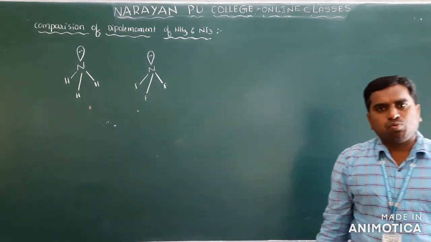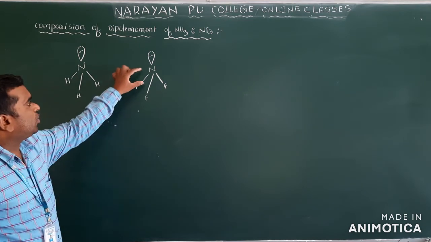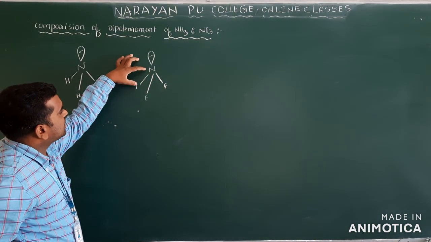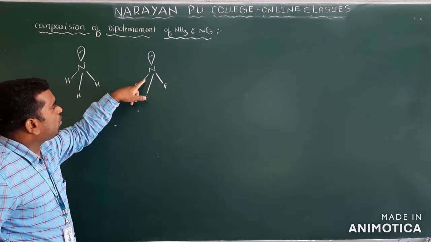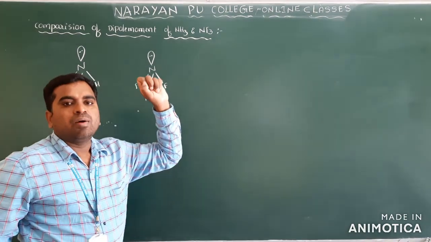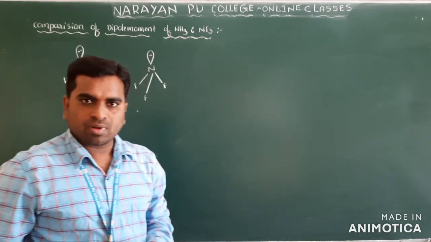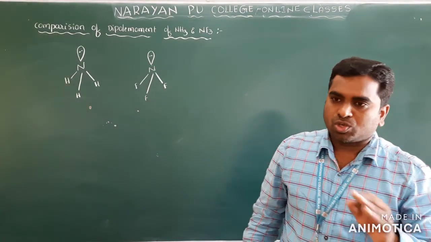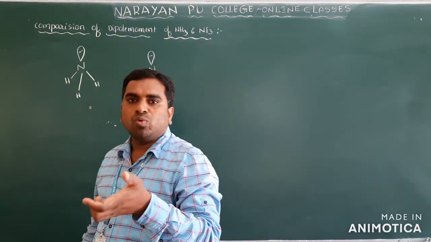What generally will we think? Fluorine is more electronegative than nitrogen, so we will think this bond is more polar, and if it is more polar, then it should have more dipole moment. But that idea is mostly applicable to diatomic molecules only.